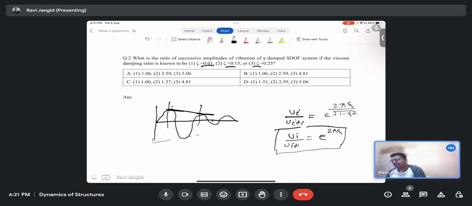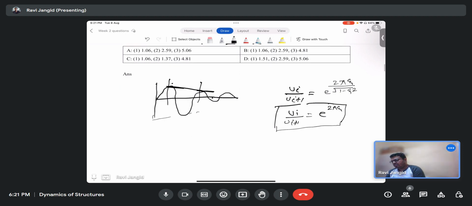You can use this one also, but you will get a different answer if your damping is more than 20%. If your damping is less than 20%, you can use ui over ui plus 1 equal to e to the power 2 pi zeta.